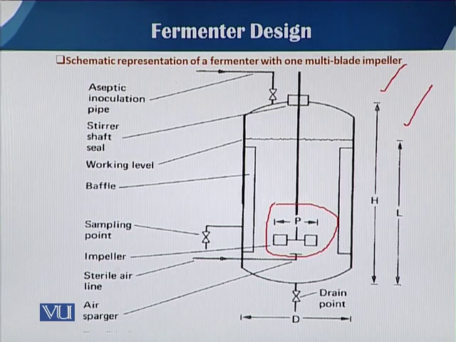Just like a ceiling fan has 3 blades, and sometimes a pedestal fan has 4 blades. In the same way, in fermenters, impellers have different numbers of blades depending upon the type of the impeller. We will study the different types of impellers in detail later on.